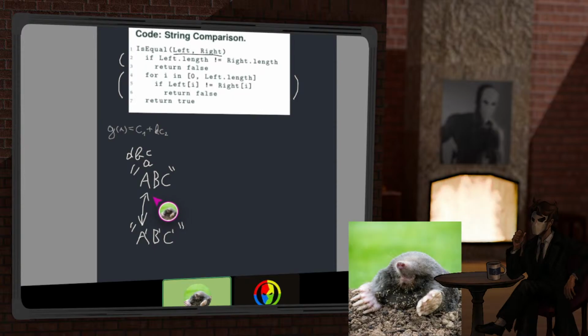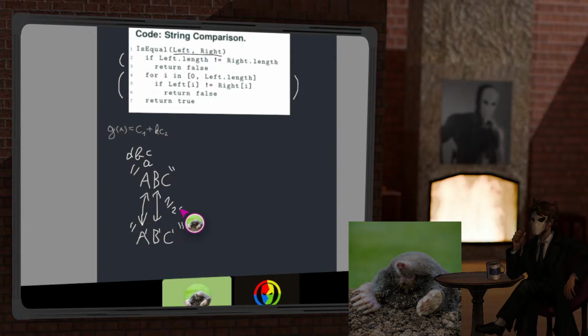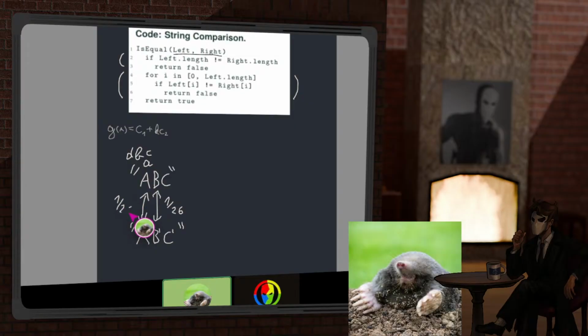Now, what is the chance that the 2 first characters are the same for both strings? We can apply the same reasoning to say that there is a 1 in 26 chance that B is equal to B prime, and we had 1 in 26 that A is equal to A prime. And since these are independent, the probability that both of them are equal is 1 in 26 times 1 in 26, so 1 over 26 squared.